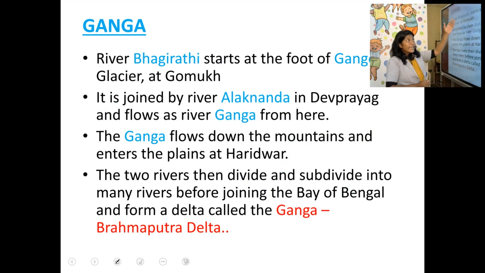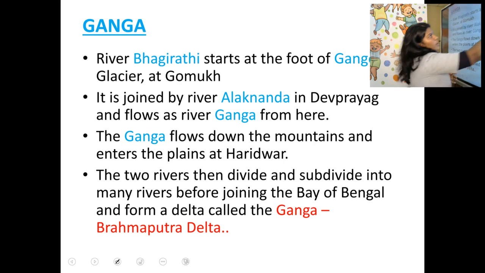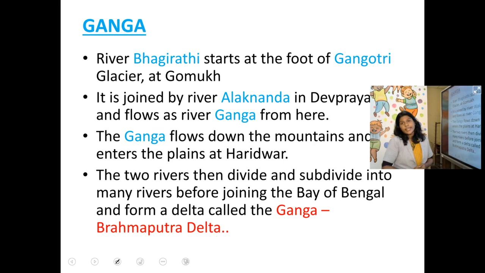The river Bhagirathi starts at the foot of Gangotri glacier at Gomukh, then it joins the river Alaknanda at Devprayag, and from there the Ganga starts.